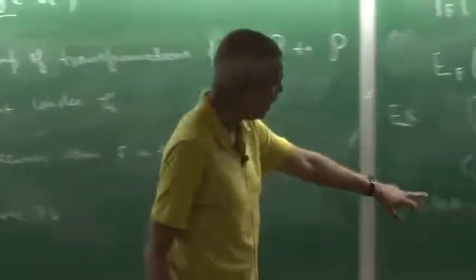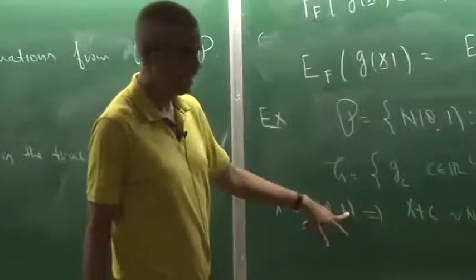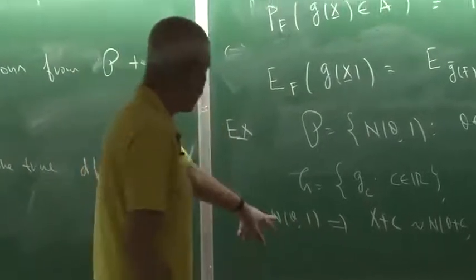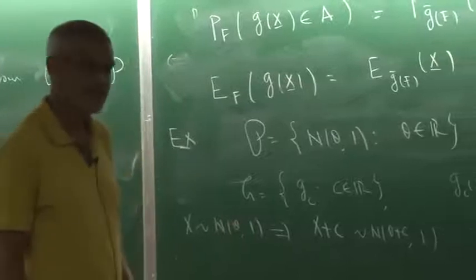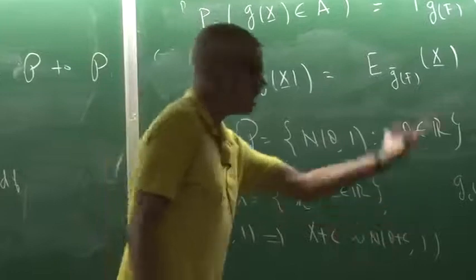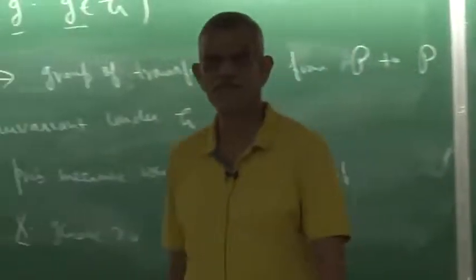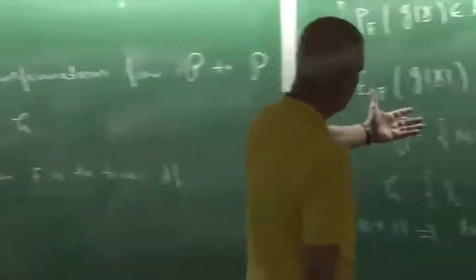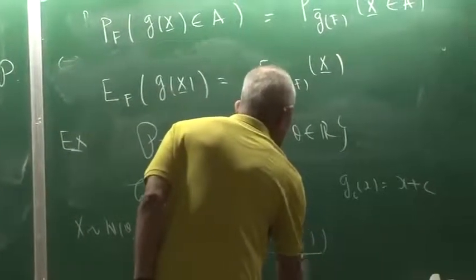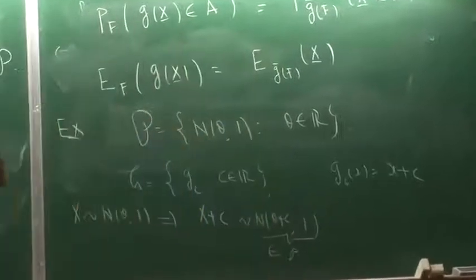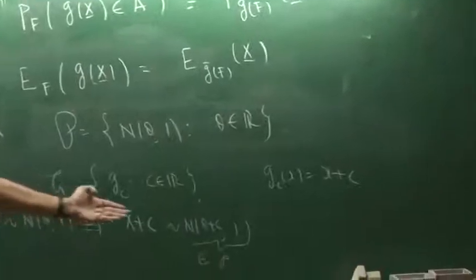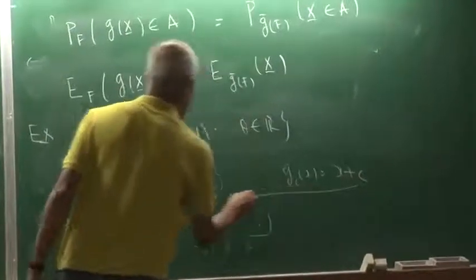So it is again of this form, variance remains the same, theta becomes theta plus c, but as a family, if theta is in R, theta plus c is also in R for any c. So I still remain in the same family P. This itself belongs to P. So what do we conclude over here? We conclude that P is invariant under this additive group of transformations.